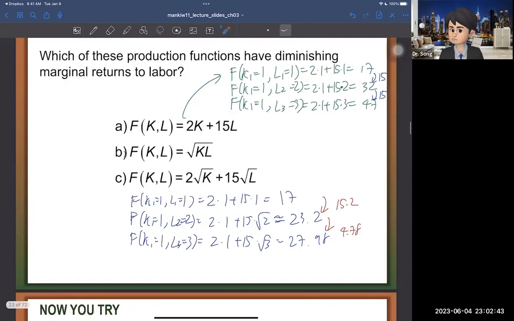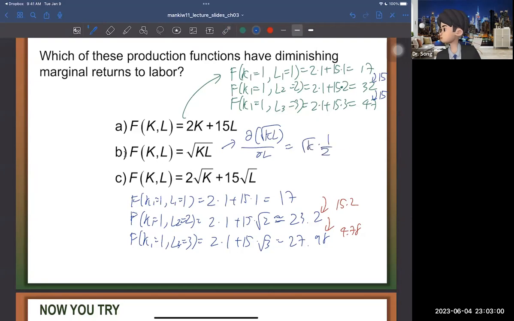And of course, let me handle this B by using calculus. So take a derivative of this with respect to labor, and you don't touch the capital, but here 1/2 times K to the power of negative 1/2, this one is labor.